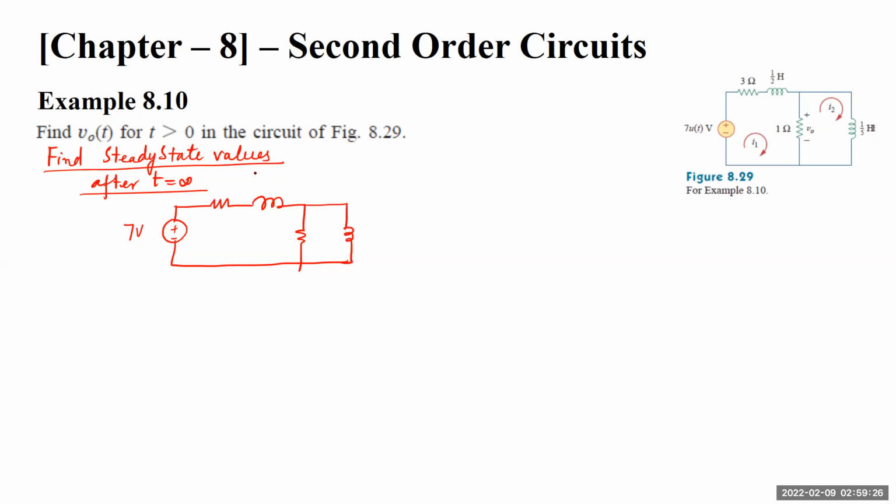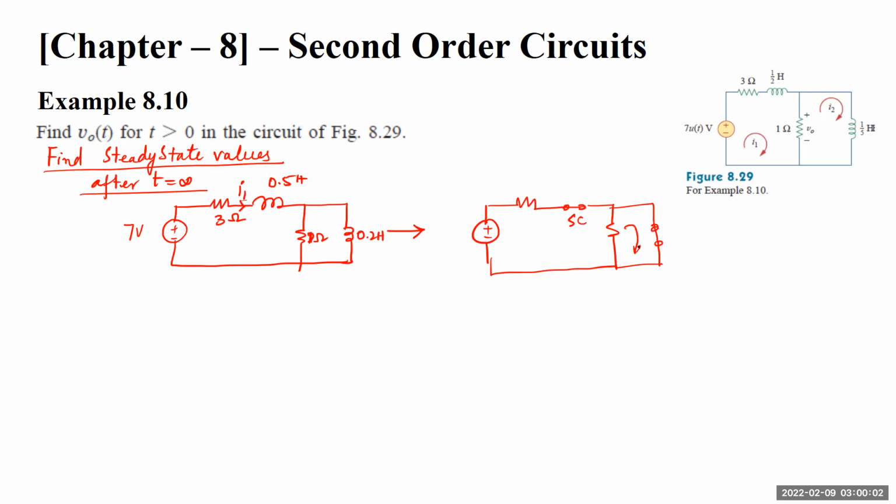After time t equals infinity, this is the value of I1 flowing here. This is 1 ohm, this is 0.5 Henry, and this is 0.2 Henry. At time infinity, the inductors will be completely magnetized, meaning they will behave as a short circuit. So this is how the circuit will look like. This is a short circuit.